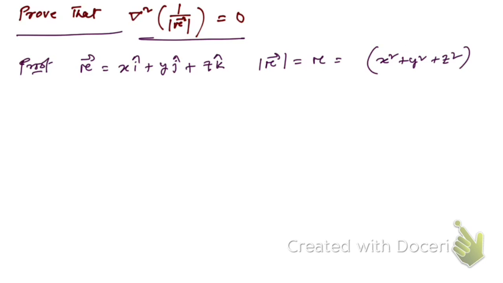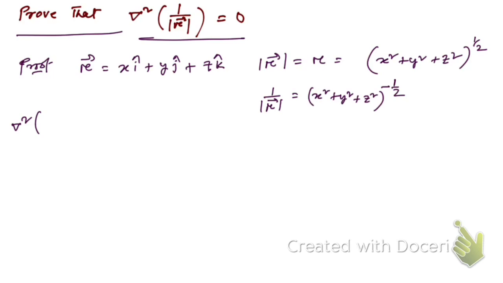The square root means power half, right? So when we say 1 by mod of r, that means it's the reciprocal. That's going to be x square plus y square plus z square, and its power is going to be minus half, right? When we take the reciprocal, the power becomes minus half.